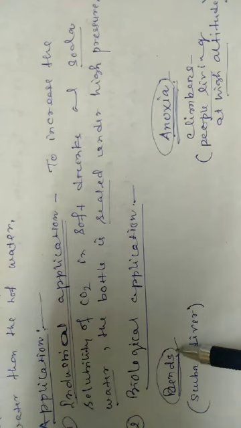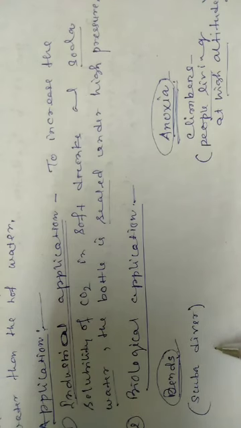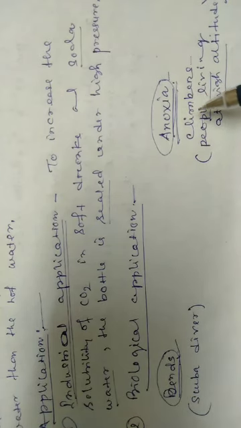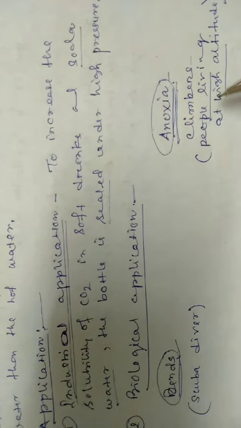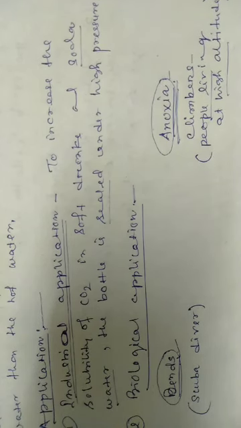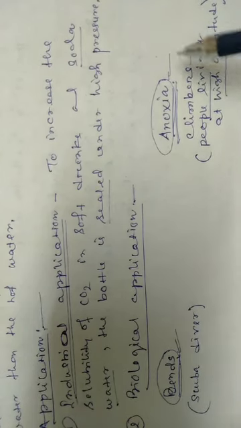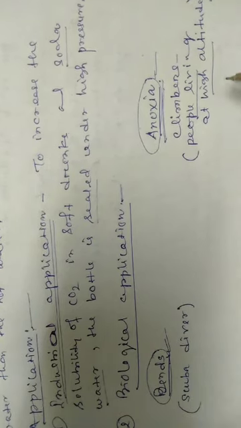So bends is related to increase in partial pressure, due to which solubility of gas in blood increases, and anoxia is related to decrease in partial pressure at high altitude, due to which solubility of oxygen in blood decreases. So I hope you will note down about the bends and anoxia from the textbook.